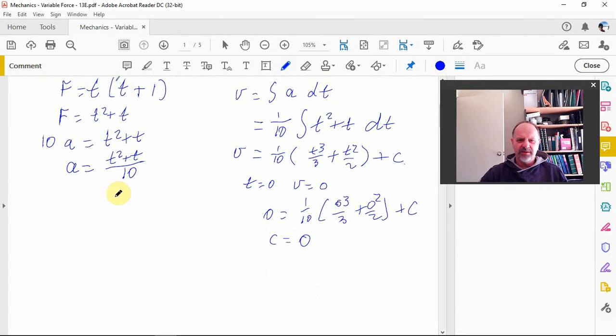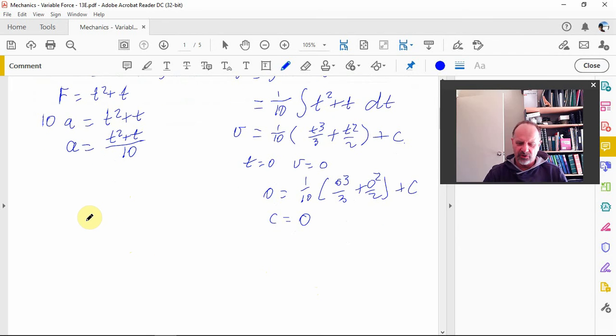So now we therefore have the expression for velocity, and the expression for velocity is simply 1/10 of T cubed on 3 plus T squared on 2. Make that bracket a bit longer.